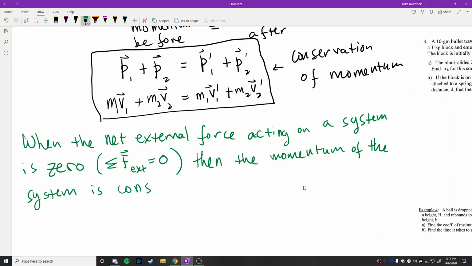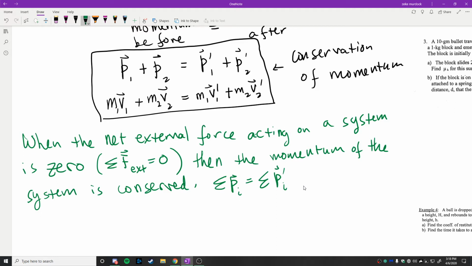We'll say conserved. It's a conserved quantity. It doesn't change, okay? That means that if you sum up all of the initial momentums in your system, that should be equal to the sum of all the momentum in the system after.